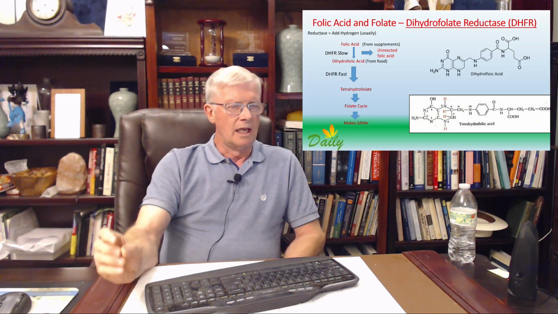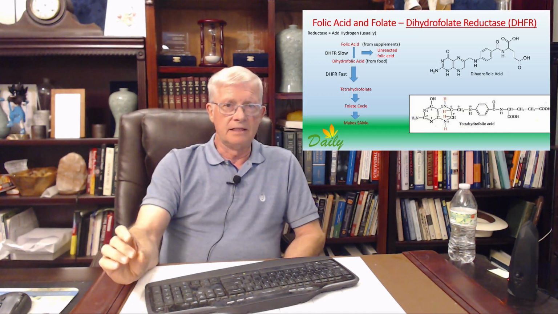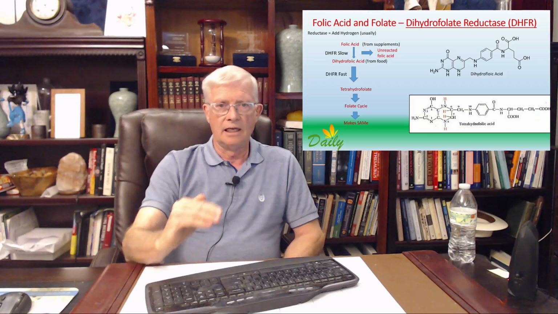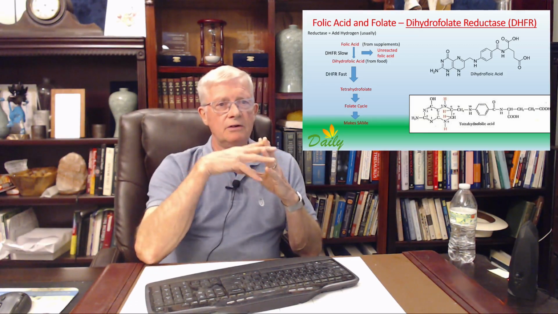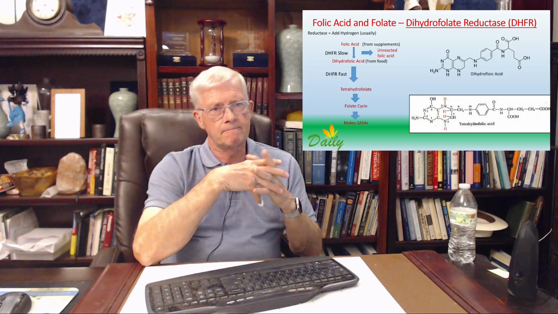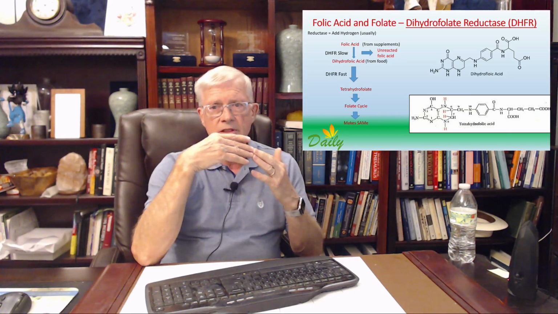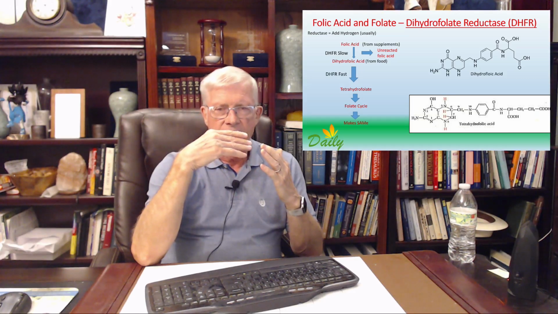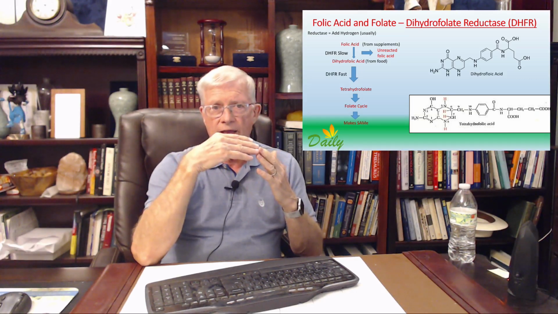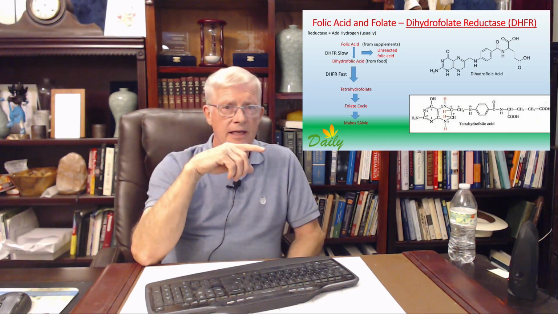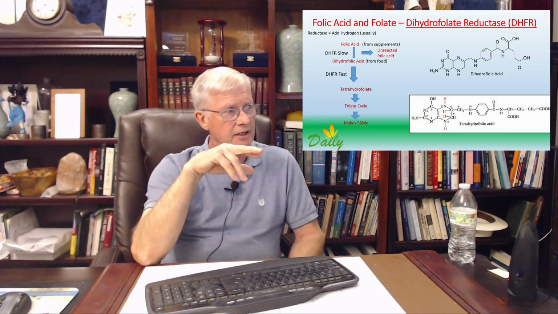And a lot of the studies that were showing high levels of unreacted folic acid being associated with premature dementia or other symptoms, I think the reason for that, and you can't say it for sure, is that it wasn't because of the unreacted folic acid.